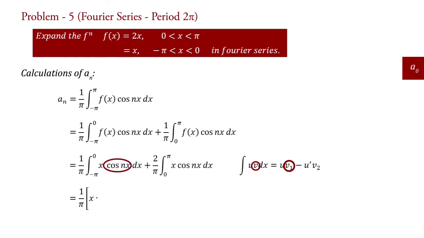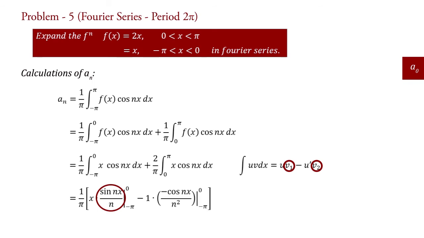So we put here sin nx upon n with limit minus pi to 0, minus u dash, that is the differentiation of x, which is 1. So we put here 1 into v2, that is the integration of v1, that is the integration of sin nx upon n. Therefore we put here minus cos nx upon n square with limit minus pi to 0.